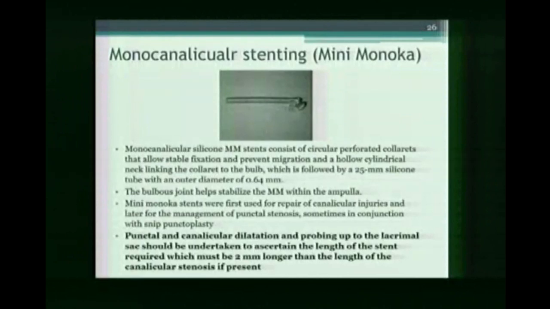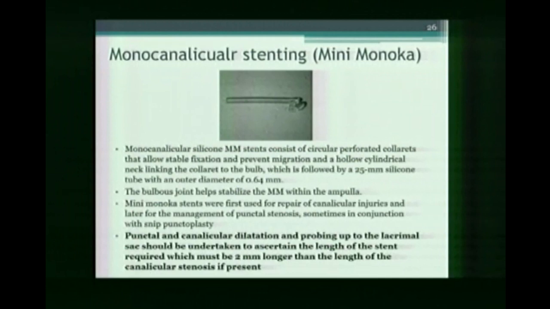Shifting gears to other modalities in treating punctal stenosis, monocanalicular stenting, or mini monoca, is well known since a long time, and it was proposed and used hugely in canalicular laceration. It consists of a circular perforated collarette that usually gives very good stabilization over the punctum and prevents migration of the stent.